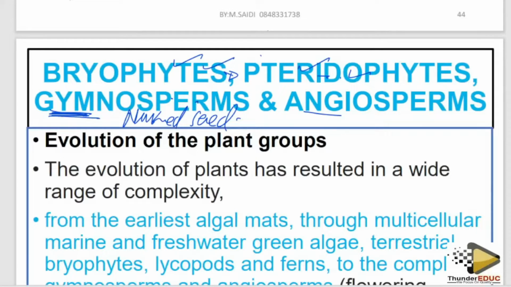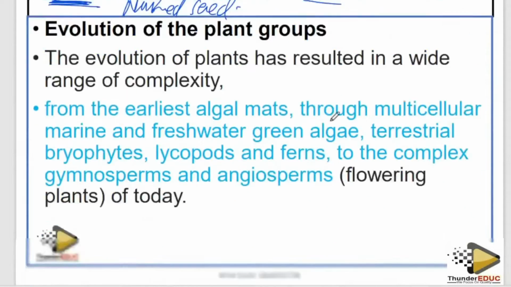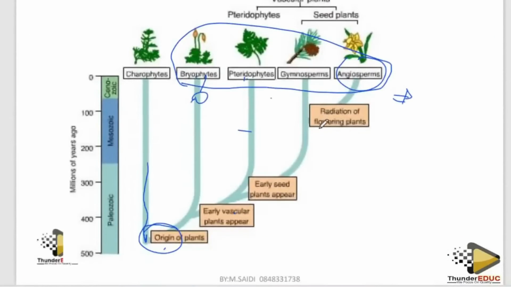Examinable. Yes, I'm coming there. So we are saying that you must know the differences among these ones, but don't make a mistake. Can I repeat? Don't make a mistake without knowing how to use or trying questions concerning a phylogenetic tree, because we will bring phylogenetic trees in grade 12.